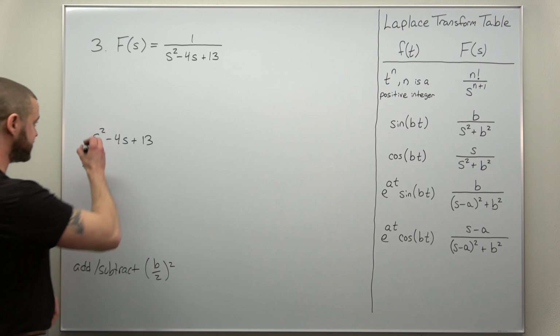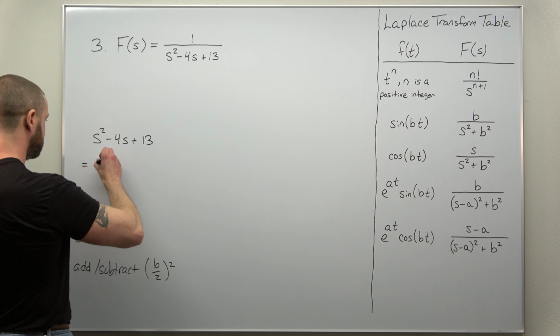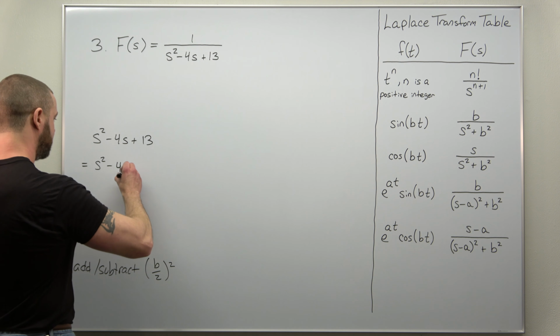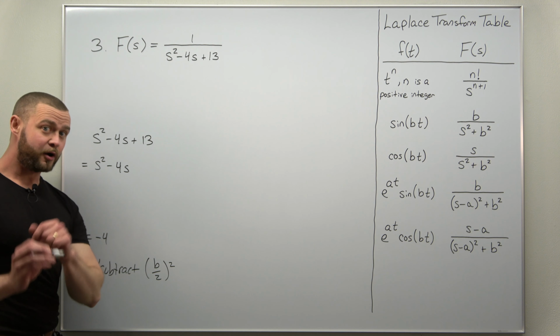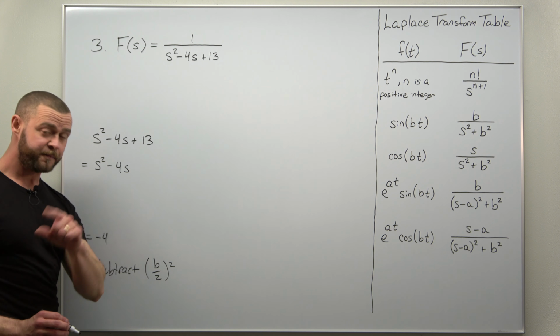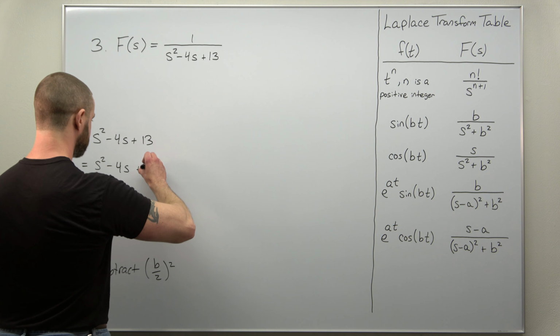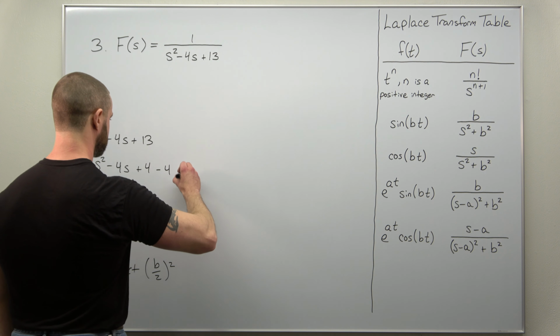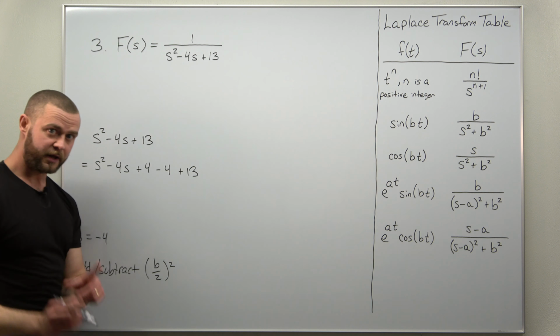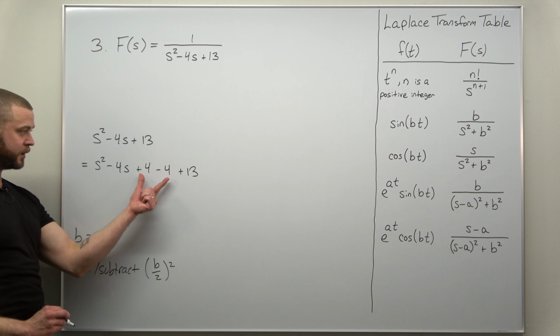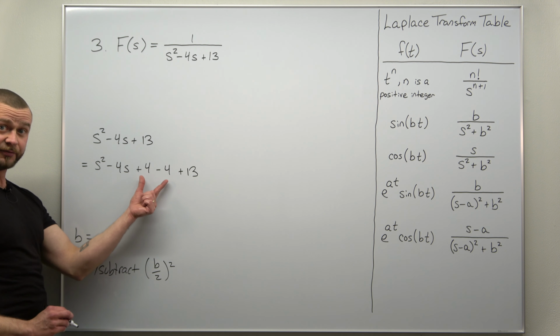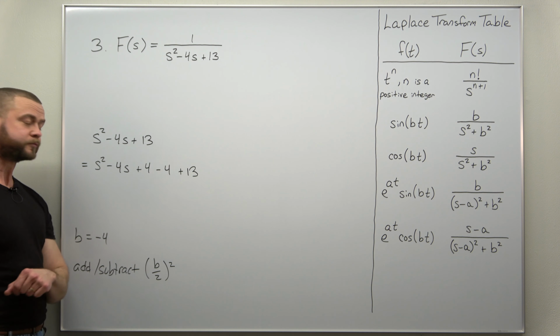So let me just go ahead and write that here. S squared minus 4s. I'm going to add 0. I'm going to add 4 and then immediately subtract 4. All right, and again, just make sure you see that. We're adding 0, 4 minus 4, which is totally allowed.